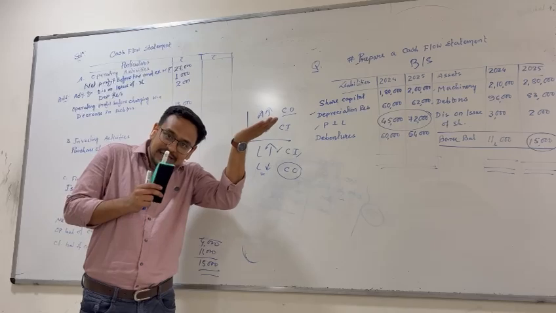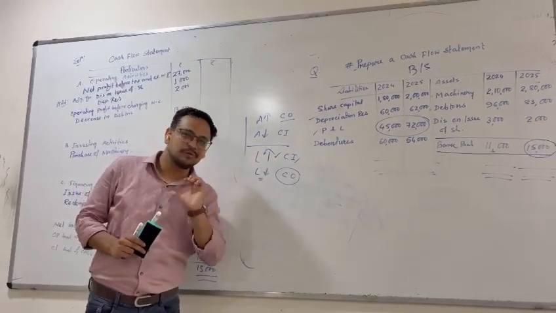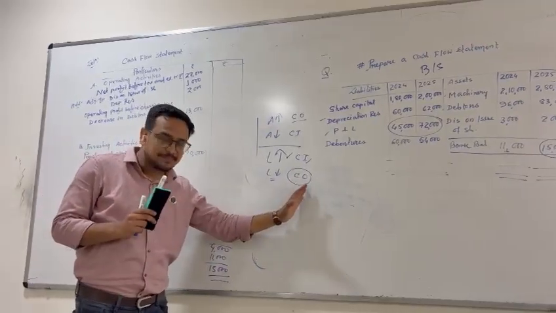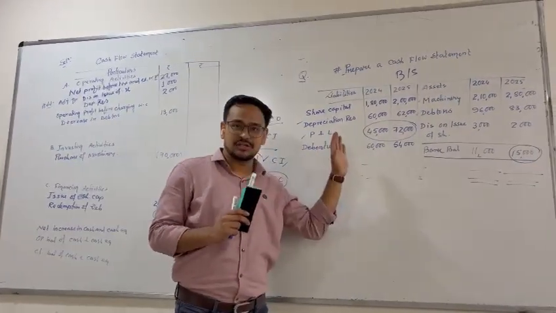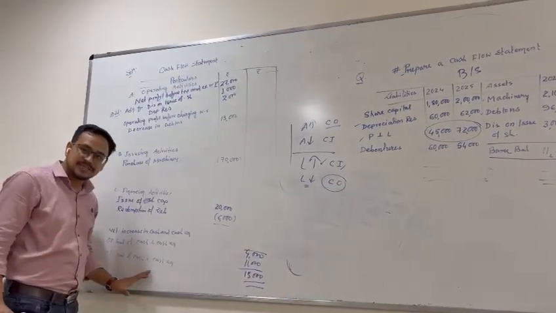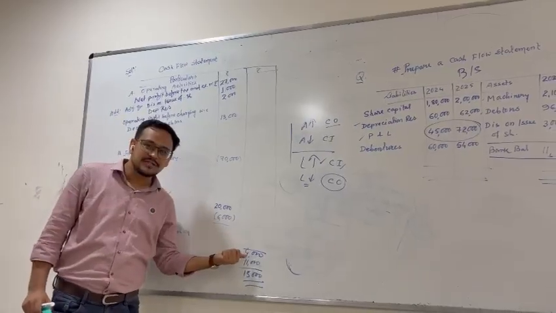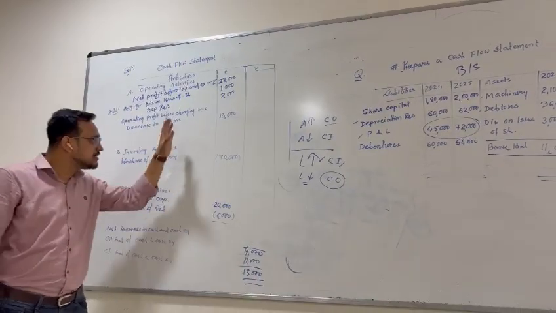If your liability increases, cash inflow. If your liability decreases, cash outflow. On the basis of this principle, we analyze the balance sheet, and that balance sheet we record here. First we start from this part, and the 4,000 is the change.